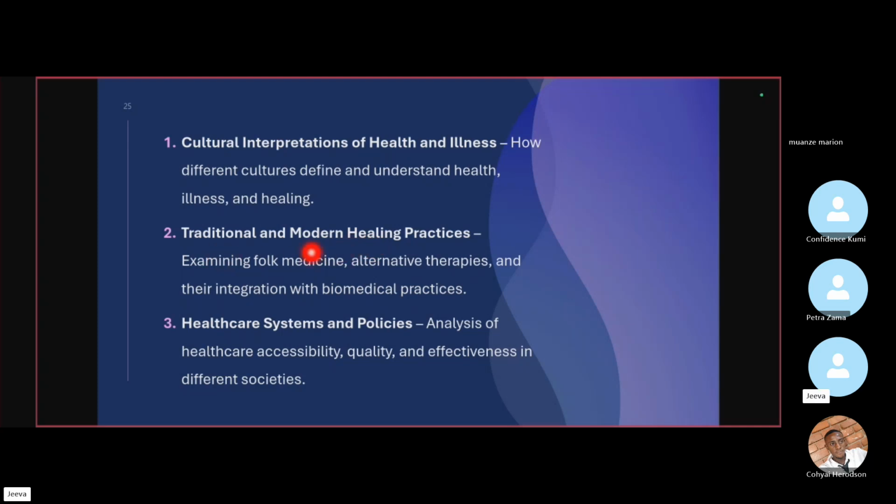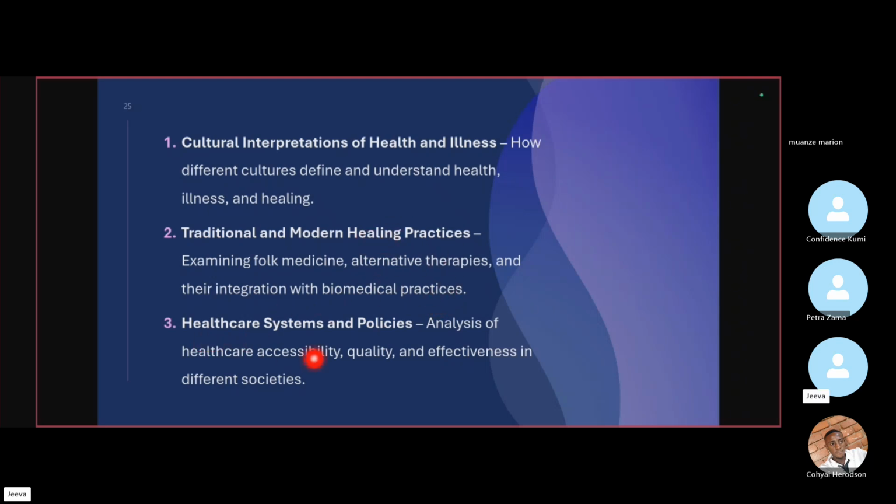So your anthropology will look after what are the various traditional methods and what are the different modern healing practices and how these both can be integrated in the day-to-day biomedical practices. So this also has a role in the anthropology.